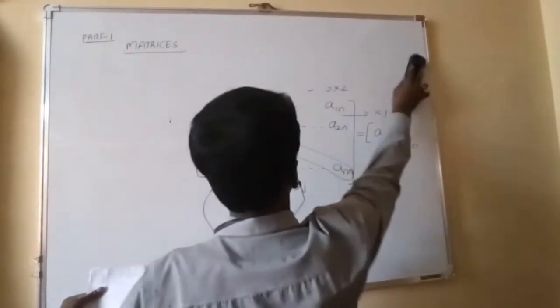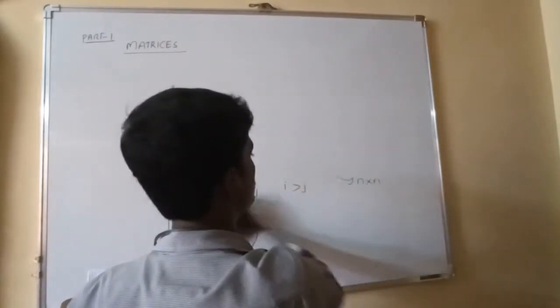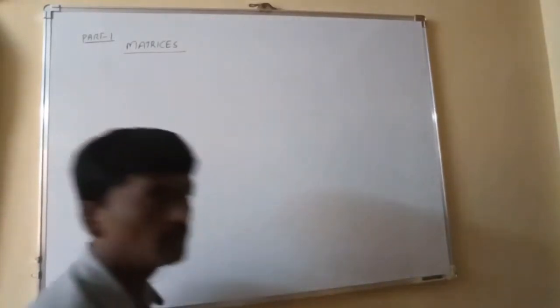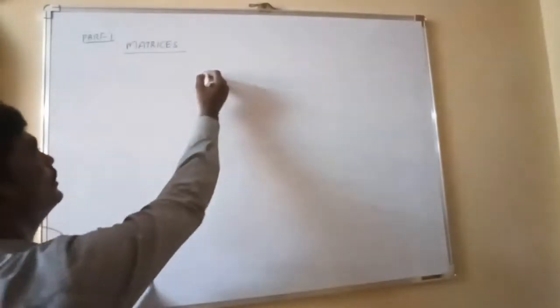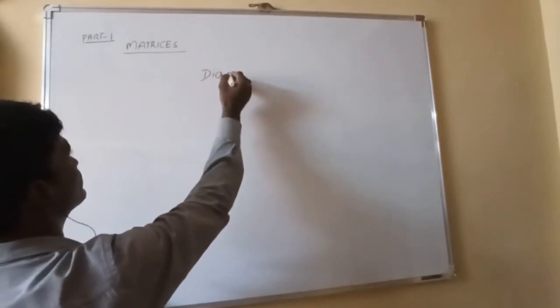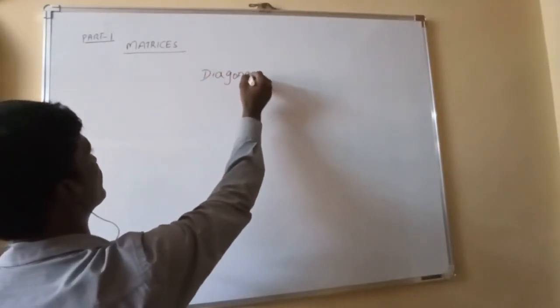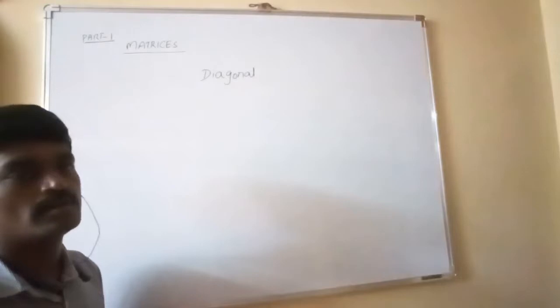So after starting square matrix, we have some important definitions. The first important definition is diagonal matrix. What is the definition of diagonal matrix?